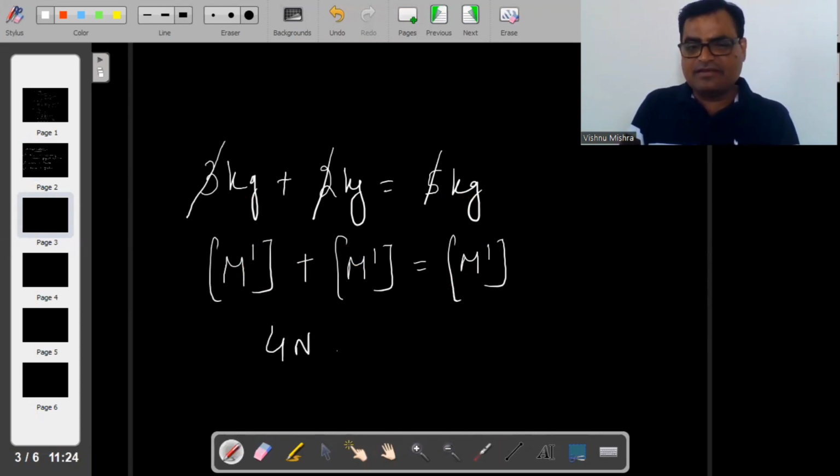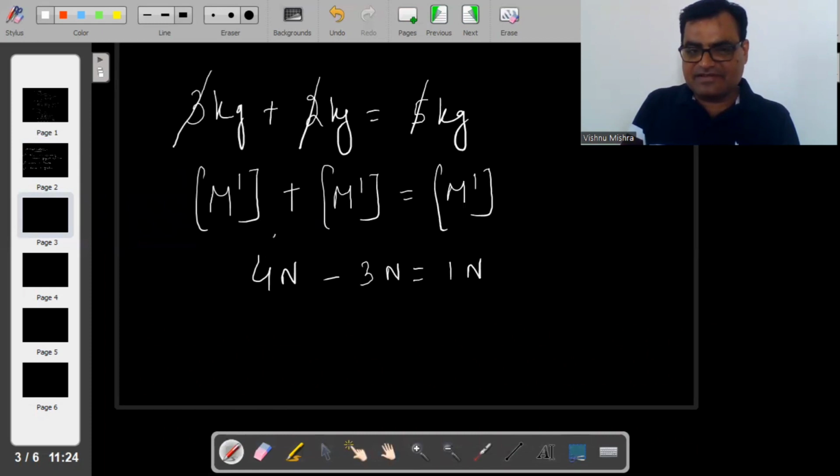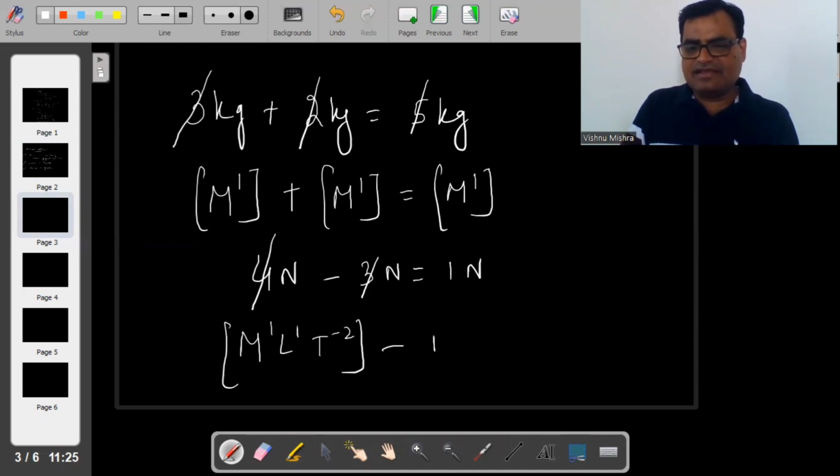4 Newton minus 3 Newton is equal to what? 1 Newton. Got it? If you write the dimension, 4 doesn't have any dimension. Newton is the dimension of force. Force is M^1 L^1 T^-2. And 3 doesn't have any dimension. This is again M^1 L^1 T^-2. And the result, 1, doesn't have any dimension.